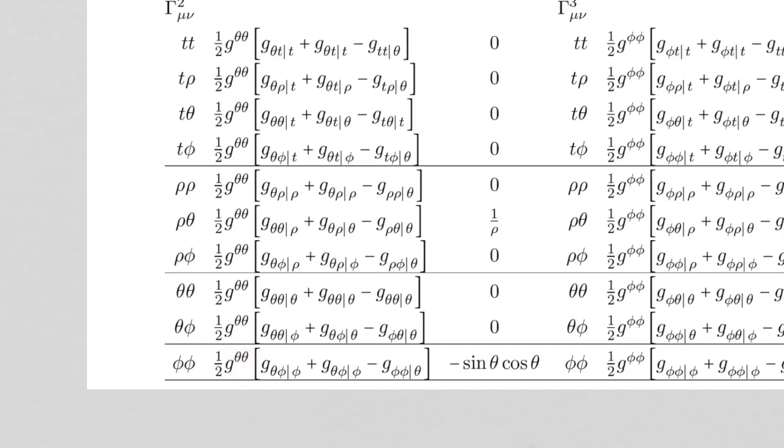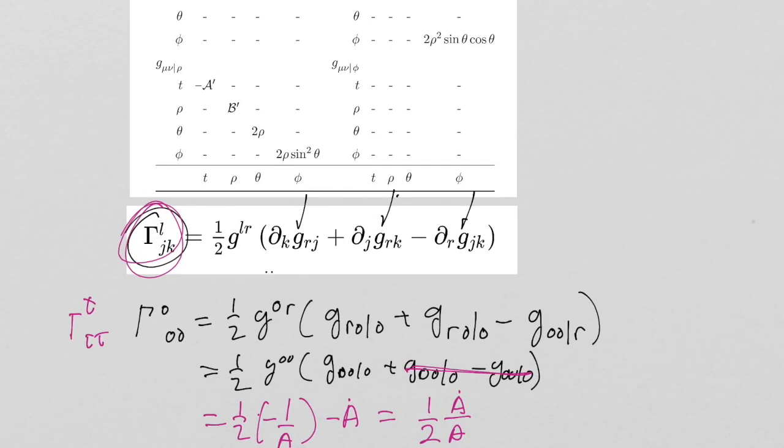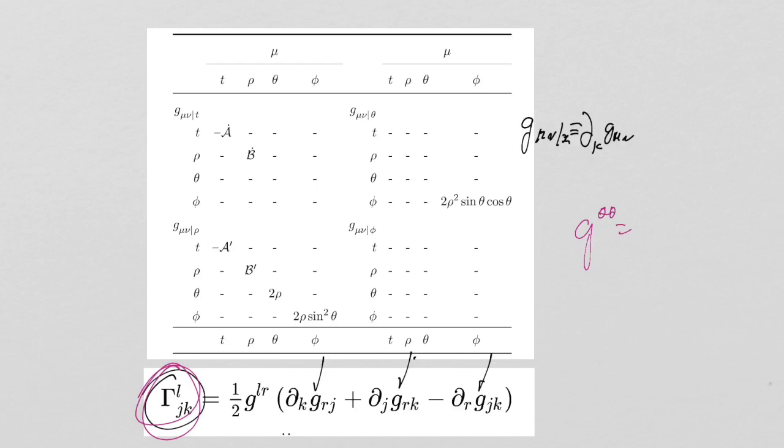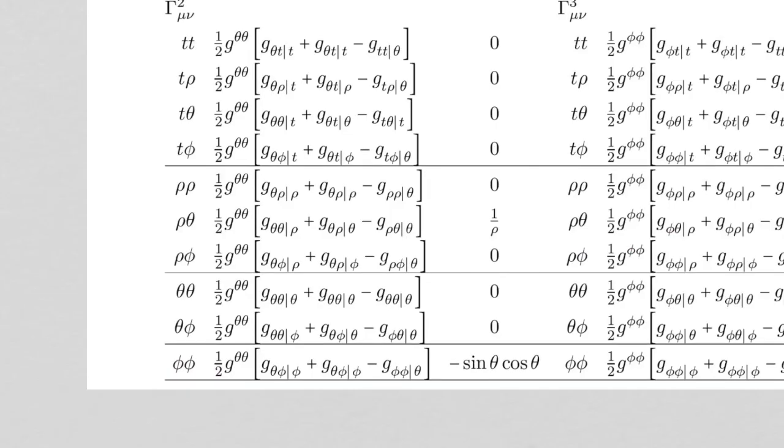So you lose the 1 over r squared. So back here, when we looked at this term here, that 2 is canceled by the 1/2, and the rho squared is canceled by the G theta theta, which equals 1 over rho squared, right? So that's pretty easy to see how that connection coefficient gets calculated, right? This one here, that is.